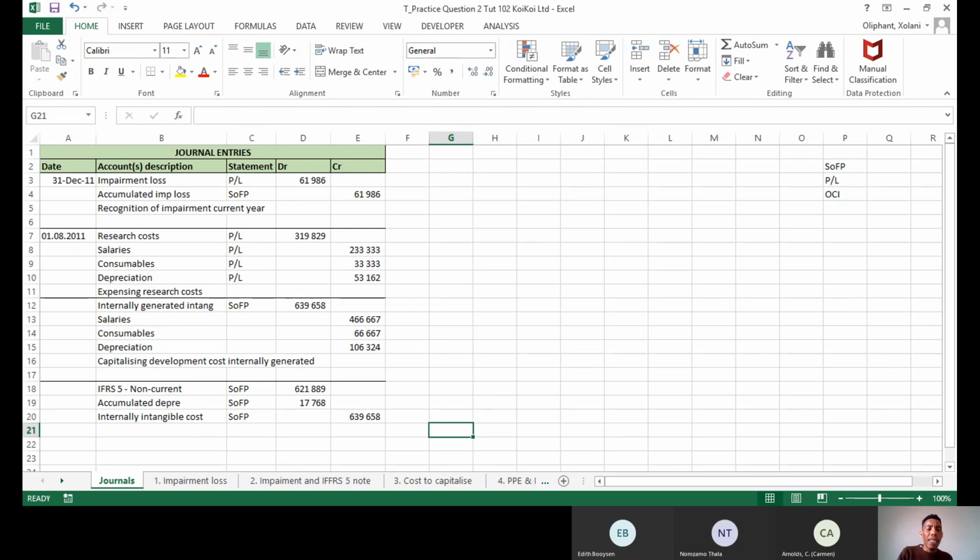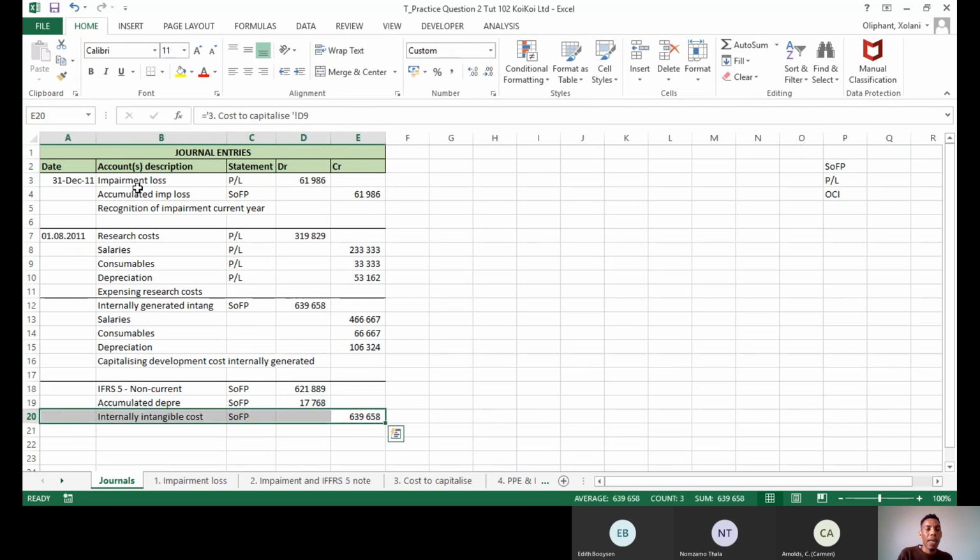Meaning that it appears this is now overvalued in our books. To some extent we need to impair this item, right? Fine. So it's going to be impairment. Let me first do the impairment quickly.